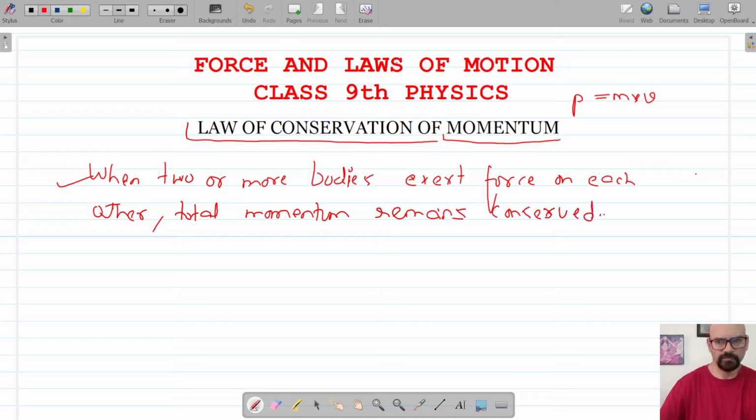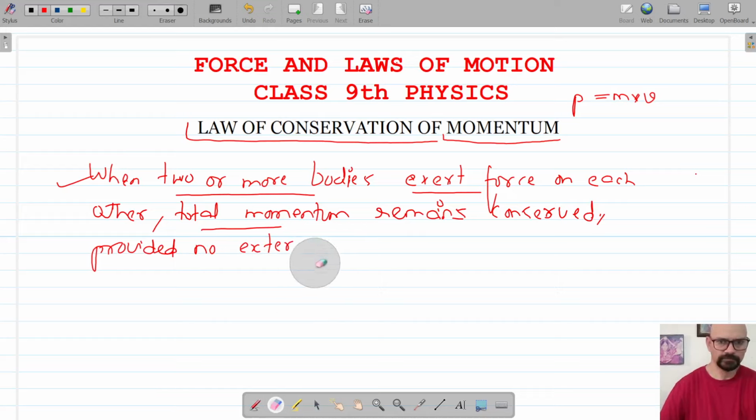That is, provided the condition is no external force. No external force is acting on the system of two or more bodies. So when two or more bodies act upon each other, total momentum remains conserved, provided no external force acts on the bodies.